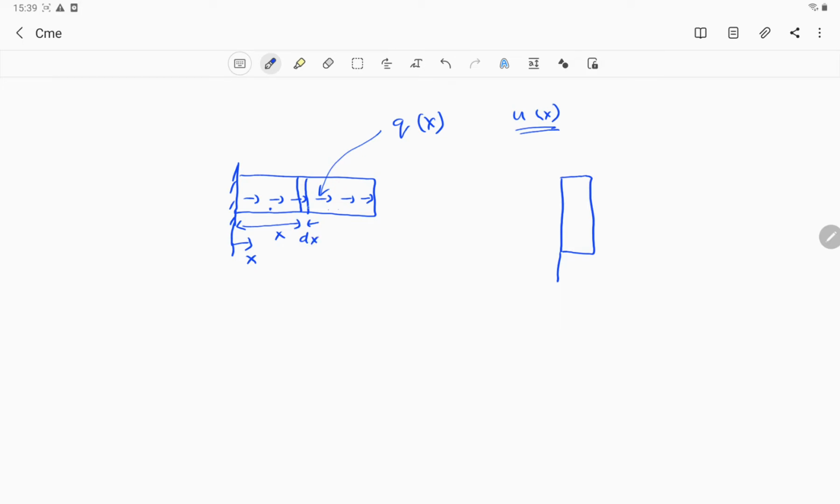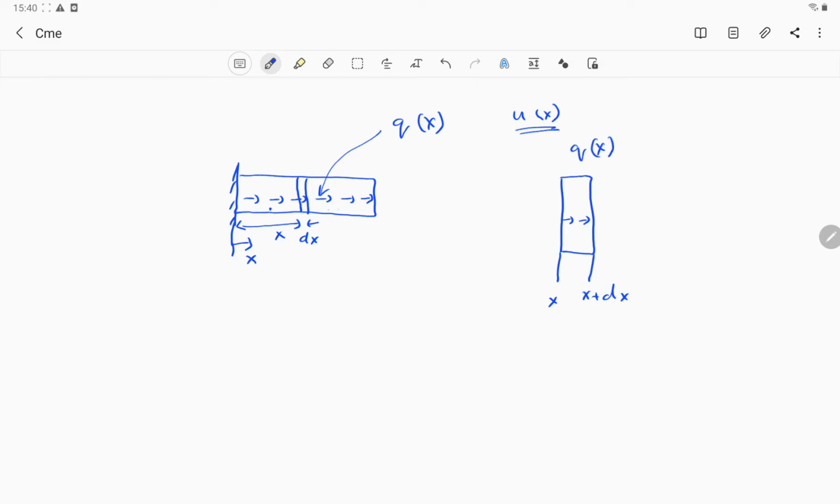So this little piece is what has been zoomed over here. This is x and this is x plus dx. In this piece the forces are distributed, which is q of x.